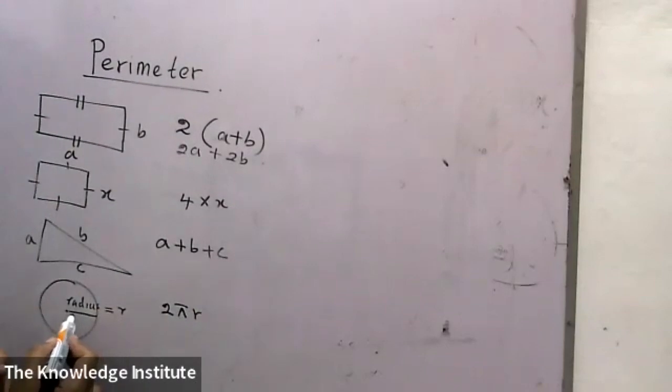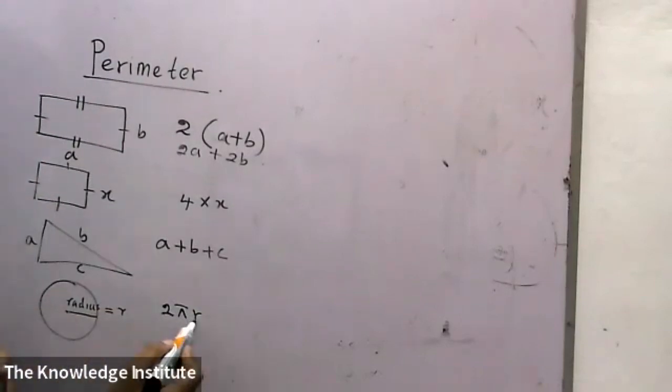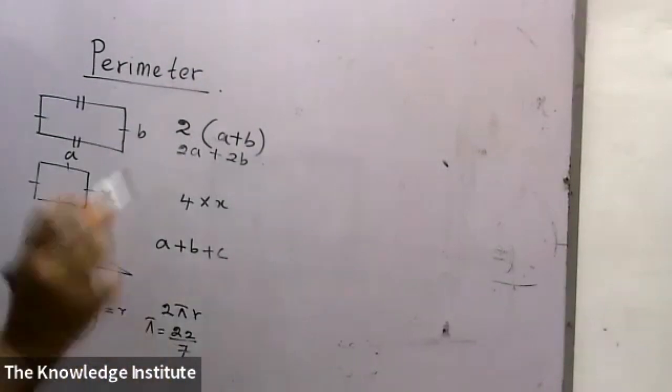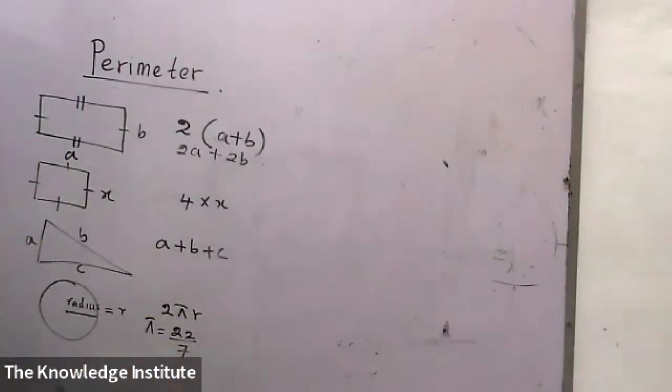If they give 7 centimeters, you substitute r with 7 centimeters. And remember, the pi value is a constant, 22 over 7. If not, they will give you the decimal value and indicate it: take pi as 22 over 7, or 3.14, or 3. They will give it in the paper. In this lesson, we are going to consider 22 over 7. This is the basic perimeter, for the basic shapes.